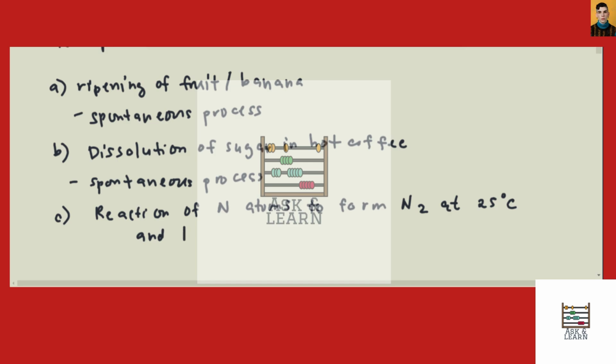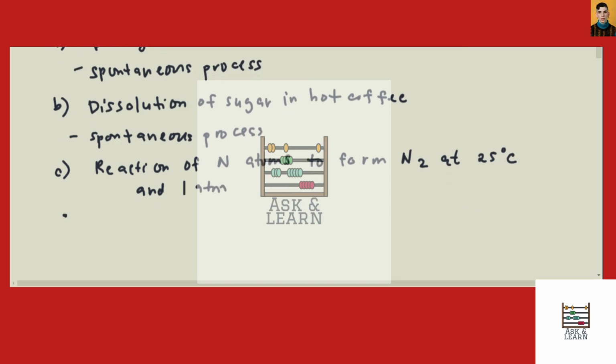So this process is also spontaneous. Note that nitrogen occurs as a diatomic molecule under standard conditions. So you will rarely see N atoms, and you commonly encounter nitrogen as molecular nitrogen, or N2.